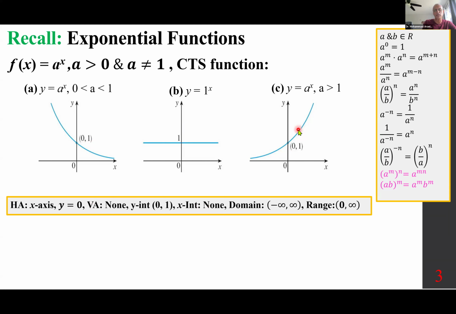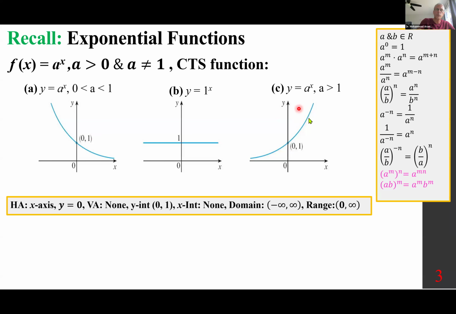We don't have any x-intercept. Domain is all real numbers, in fact, even for this one. The range is from 0 to infinity. Remember, the horizontal asymptote is the x-axis. It never touches that.